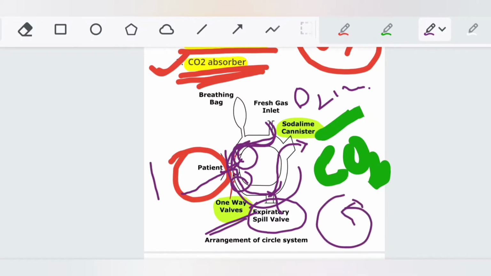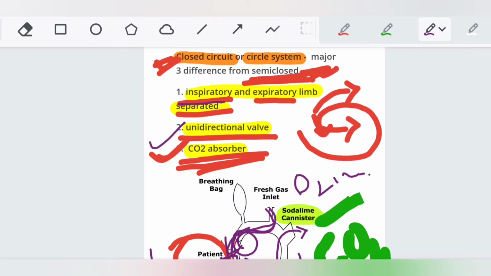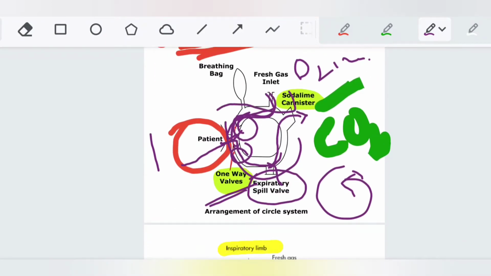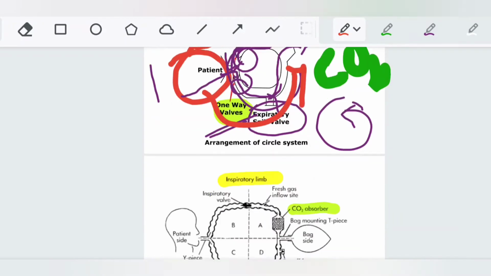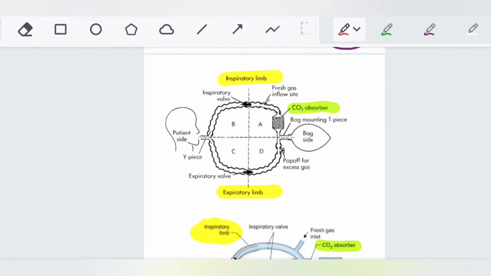The valve will also be unidirectional, and the expiratory limb and inspiratory limb are separated. This is the inspiratory limb and this is the expiratory limb. Let's see once again. Here is my patient side. Here is the fresh gas inflow.